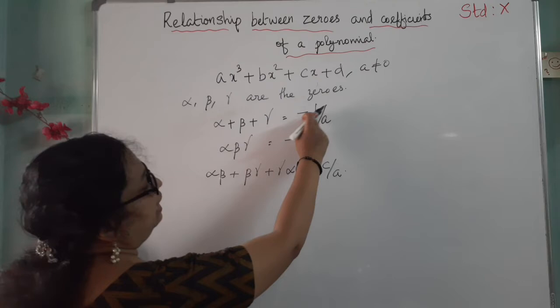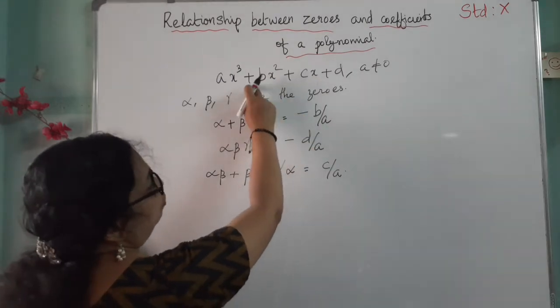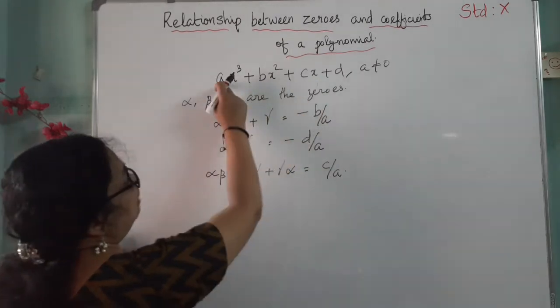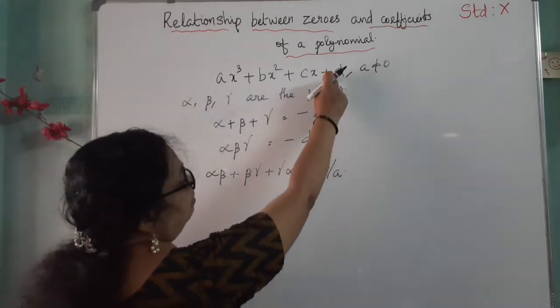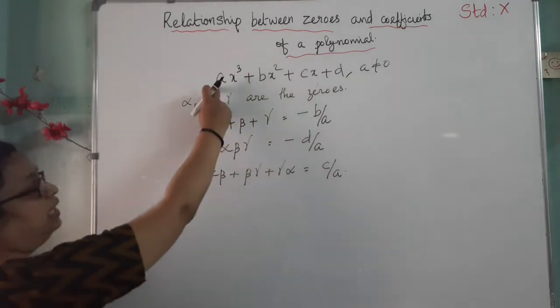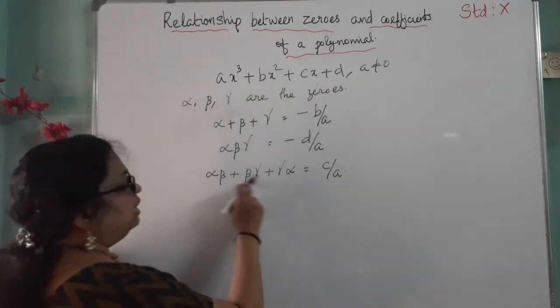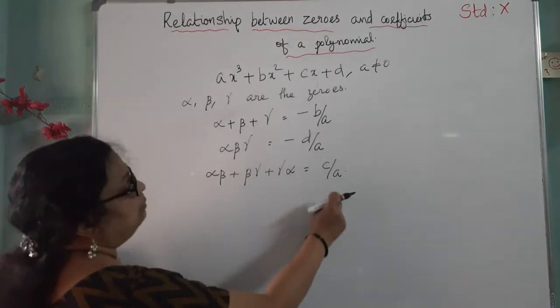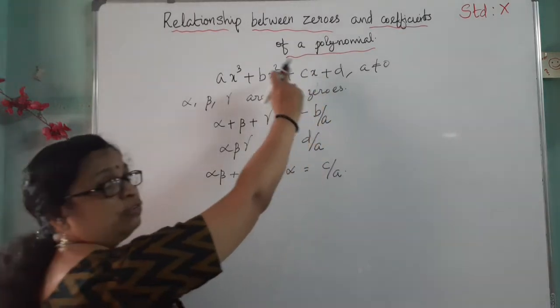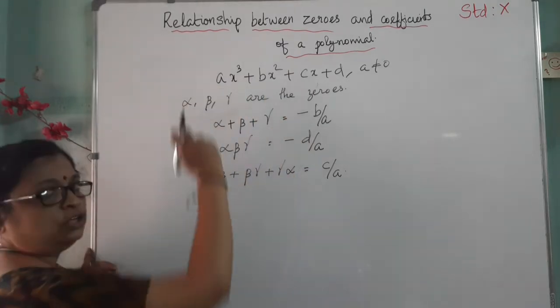That is, the sum, minus b by a, is minus the coefficient of x square divided by the coefficient of x cube. The product, minus d by a, is minus the constant term divided by the coefficient of x cube. Here alpha beta plus beta gamma plus gamma alpha, the sum, c by a, is the coefficient of x divided by the coefficient of x cube.